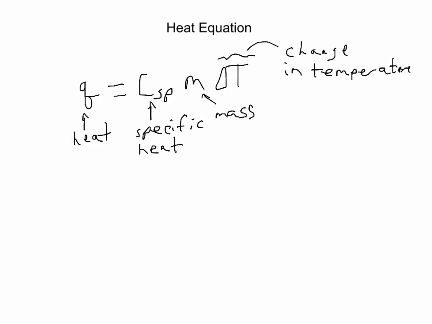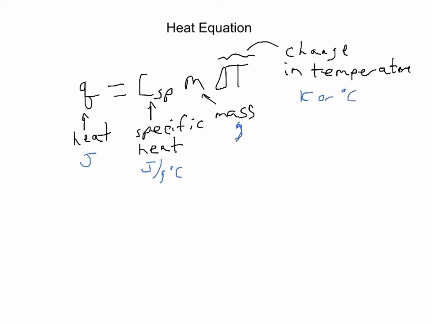The units are joules for heat, joules per gram degrees Celsius for specific heat, grams for mass, and either Kelvin or degrees Celsius for change in temperature.